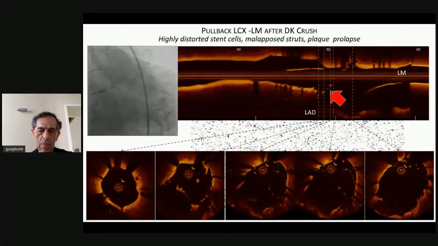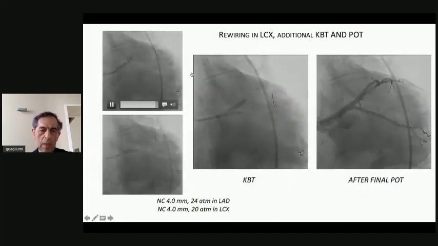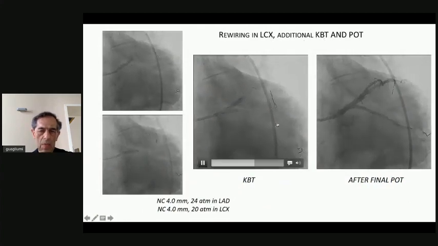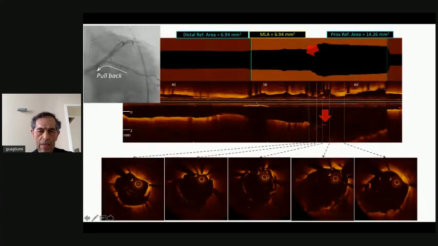Based upon this imaging, we went back, and obviously some clot formed immediately. We went back, rewiring the circ in addition to KBT and POT. Here you have the final angiographic results, and here is the second pass, where you have a much more neutral carina and much better expansion.